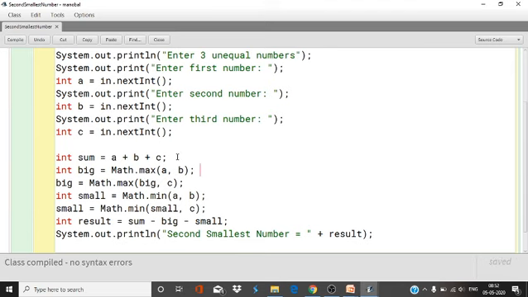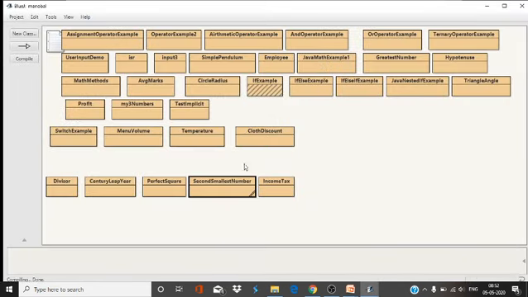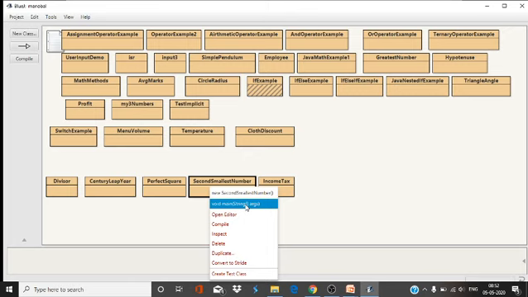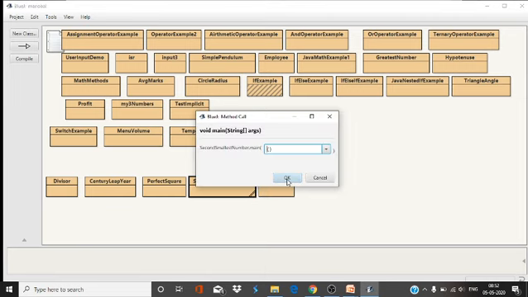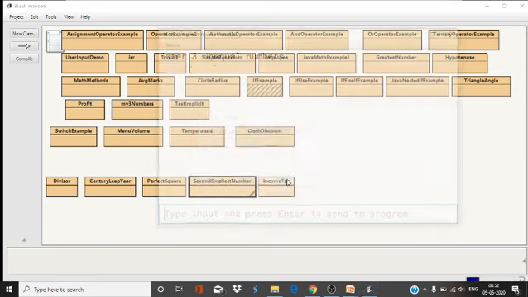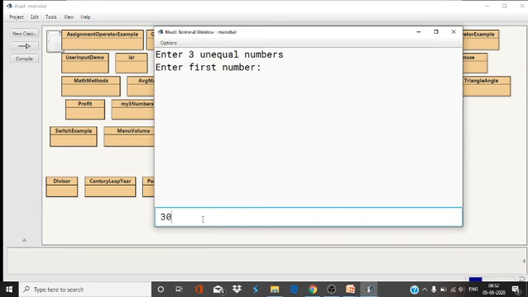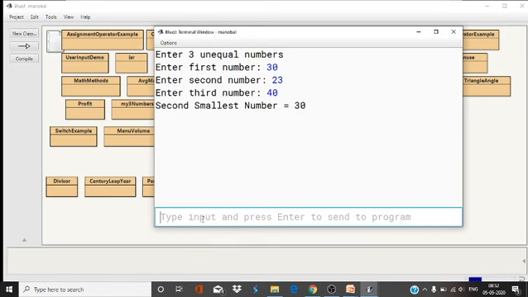The simple logic is you find the minimum and maximum value. After finding the minimum and maximum value, for example 23, 30 and 40, see, the second smallest number is 30, because the smallest number is 23.